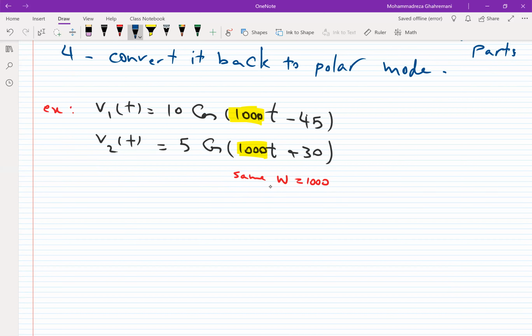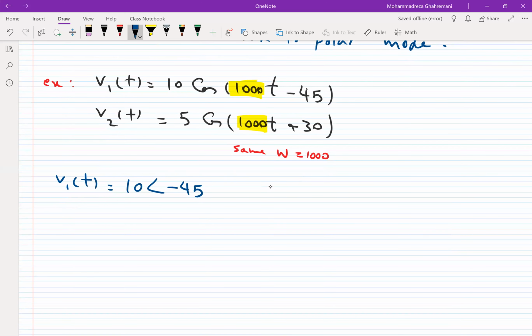Okay, so the next step, we need to write the phasors. For V1 of t, the amplitude is 10, the phase angle is negative 45. We convert it to rectangular form.